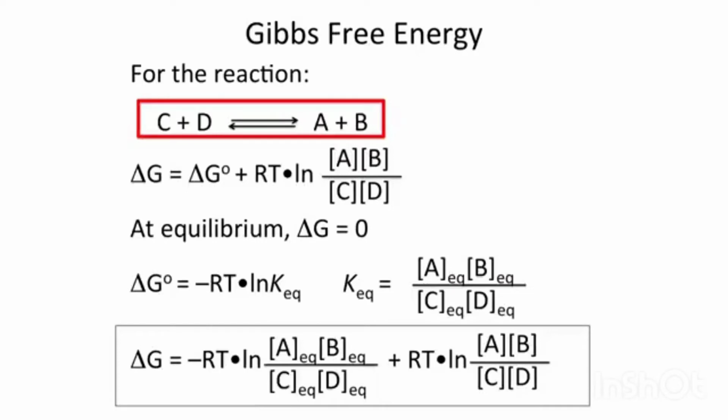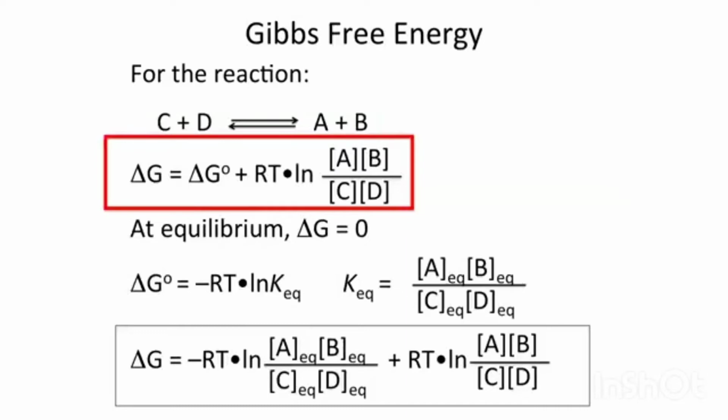We need to talk a little bit about Gibbs free energy, because the equilibrium, that is the concentration of reactants and the concentration of products, give you an equilibrium constant. That equilibrium is not influenced by enzymes. It is the activation energy that is influenced. So if we have the reaction C plus T going to A plus B, if we write the free energy equation, we have delta G is equal to delta G naught plus RT natural log of the product of the concentrations of the products over the product of the concentrations of the reactants.